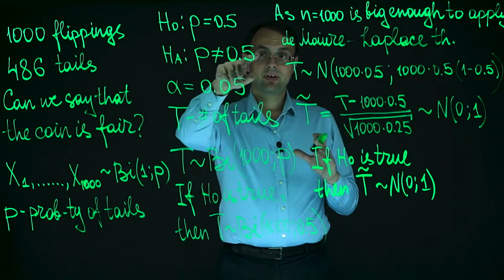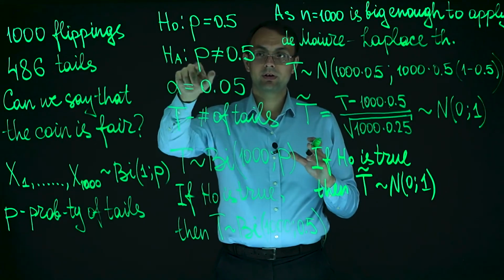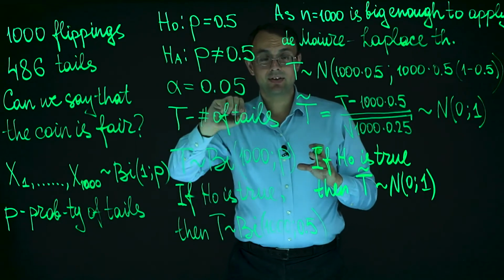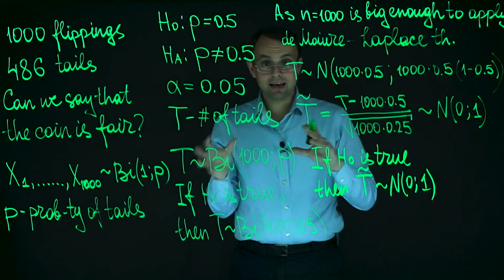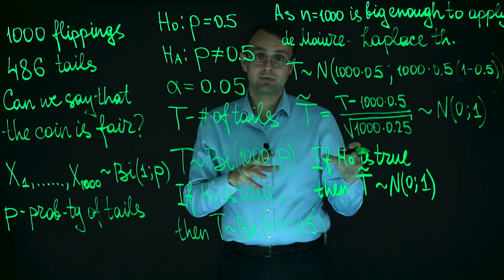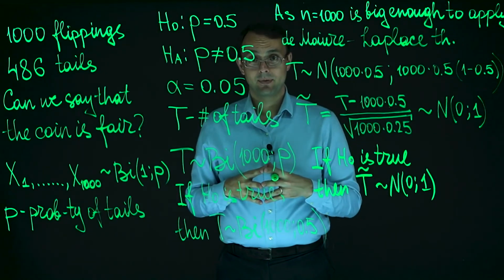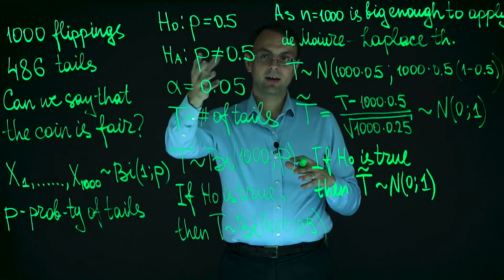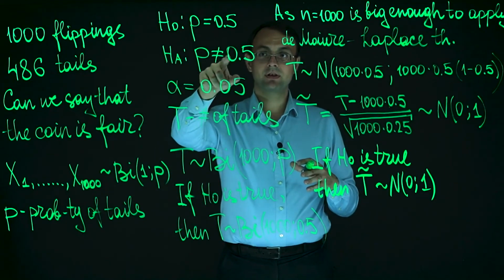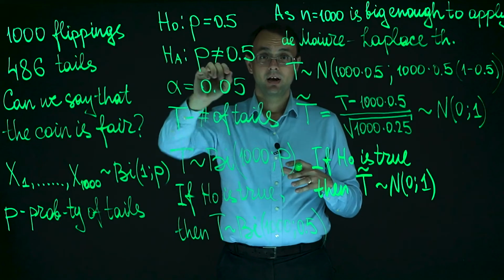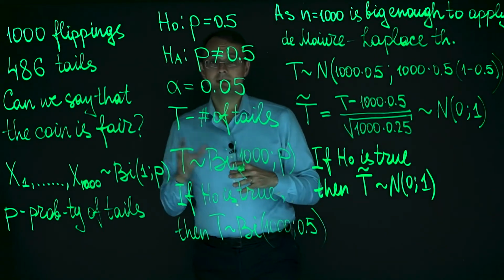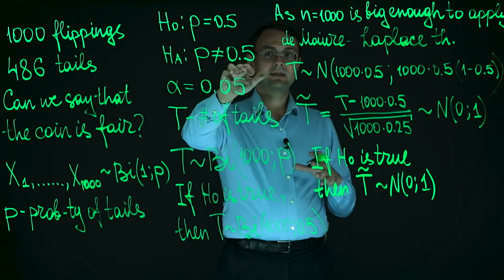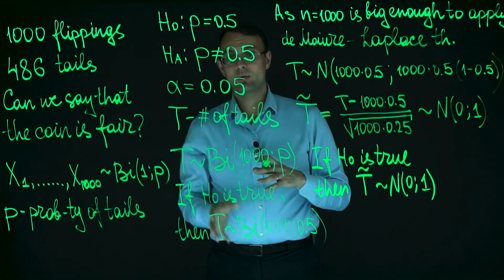If the alternative hypothesis were P less than 1/2, then we would say that negative values of T tilde are in favor of the alternative hypothesis. And as we have an alternative hypothesis with a not equal sign, the alternative hypothesis allows both probabilities more than 1/2 and less than 1/2.